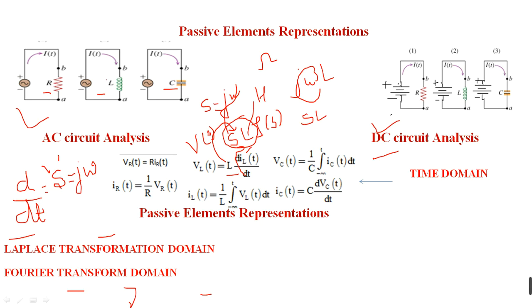In terms of Laplace, inductance can be represented as s into L, and in terms of Fourier it will be represented as j omega L. When we talk about capacitance, it is 1 by SC and 1 by j omega C. This is the capacitive reactance, and this is the inductive reactance.